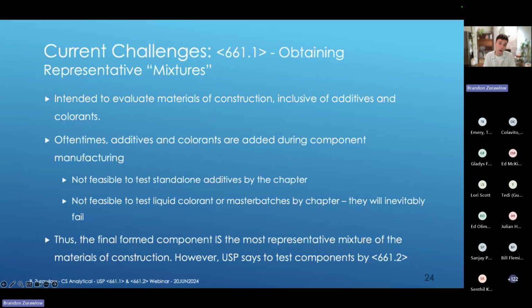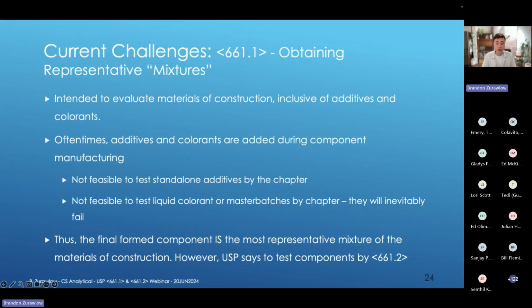It includes all the additives that the resin would have had. It includes the colorant, etc. However, the issue here is that the USP says to test individual components by 661.2, not by 661.1.